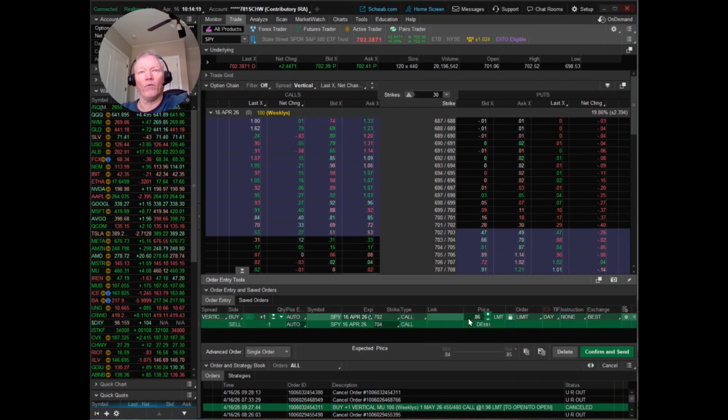And if we paid that as a debit, we could make as much as $200 on this trade minus what we paid. So about $114, $115. And we can adjust these strikes to be as wide or as narrow as we like. The minimum is $1 wide, and there is no max. So that's what makes up a debit spread.